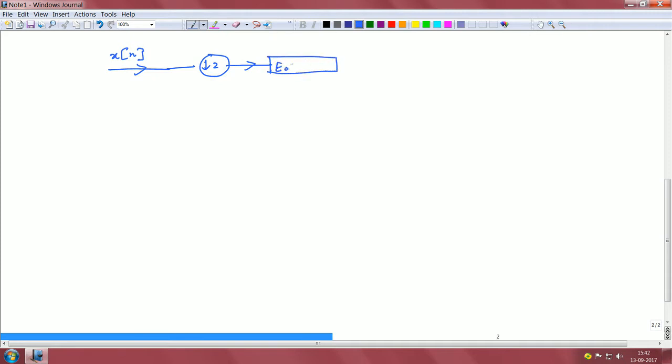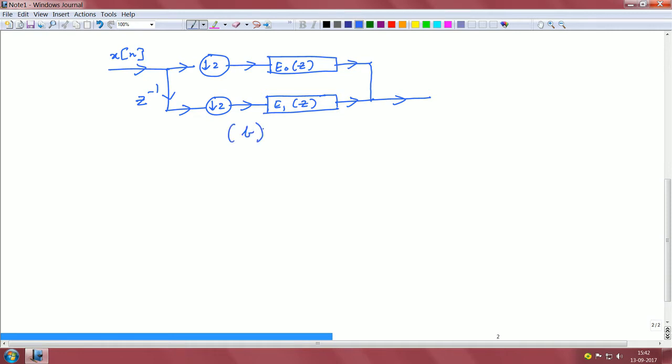This is followed by some filter of lower order, which is E naught z, delay, downsampler, followed by some filter which is E1, and now we have the output, and I call this structure B. This is post application of Noble identities.